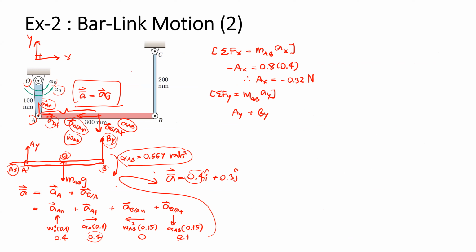We assume BY to be positive upward first, and MAB G equals MAB times AY, which is 0.3. So what next? Next, AY plus BY should equal to MAB, 0.8, times 0.3 plus G.